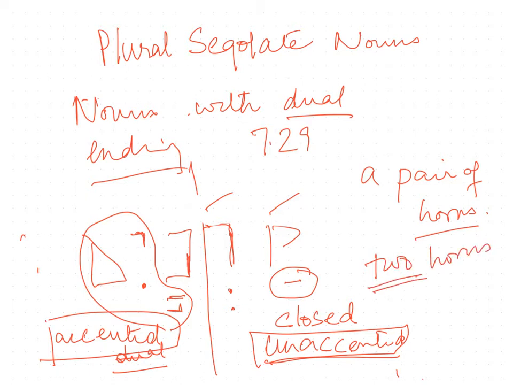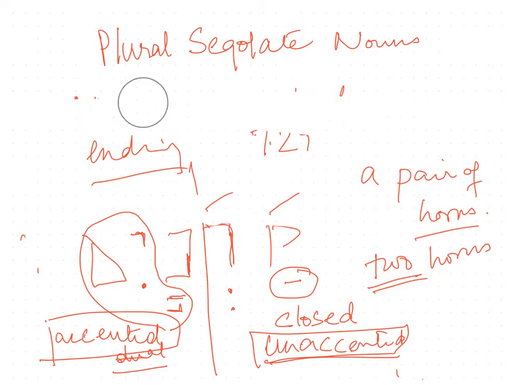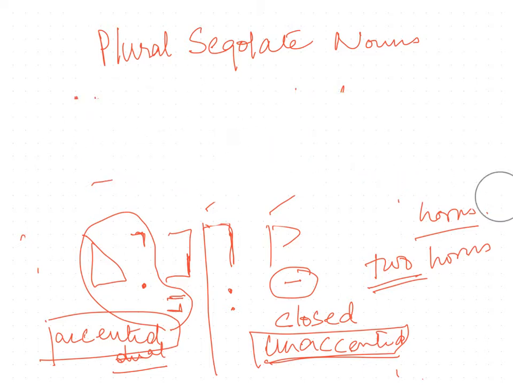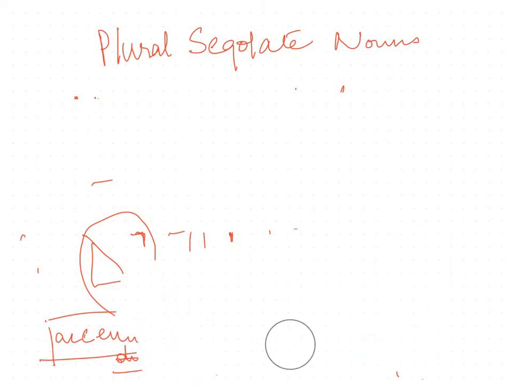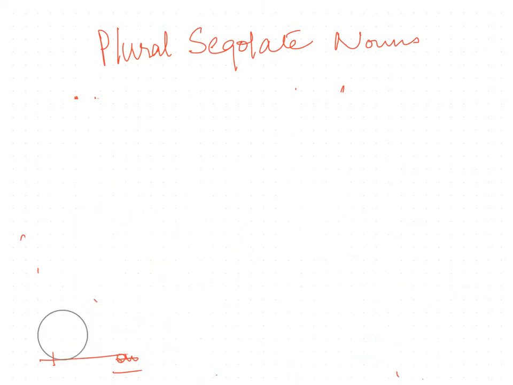Okay. Now there are some segolates which only have a singular form, they do not have a plural form. Again, there are some segolates which have singular forms but no plural forms. I'm reading 7.30.